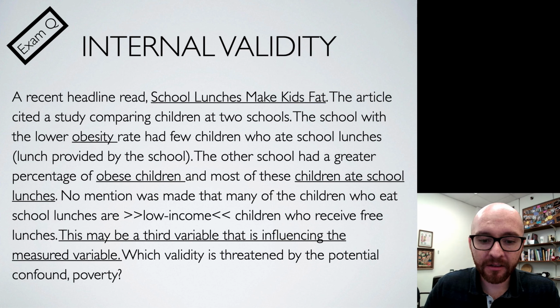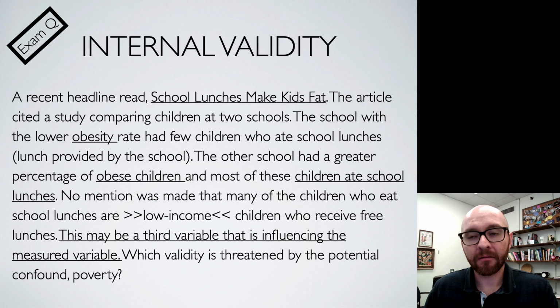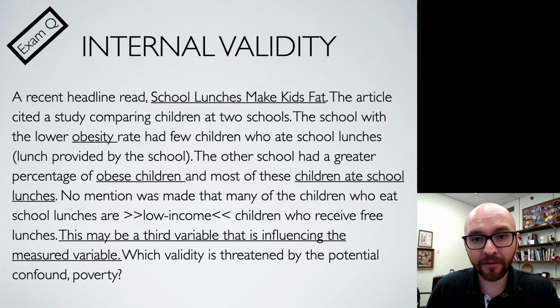Well, it turns out that most of the kids, and I give you this information, most of the kids who eat school lunches are also low income. Now, might this help explain the obesity rate among this group of children, right? Being low income. Well, for example, low income children may have less access to healthier food.